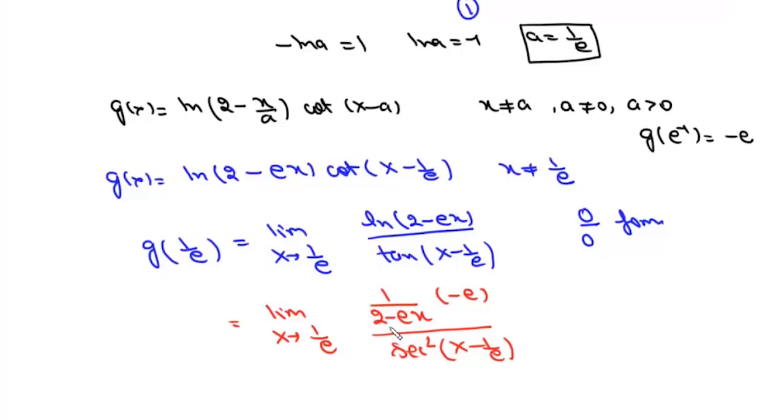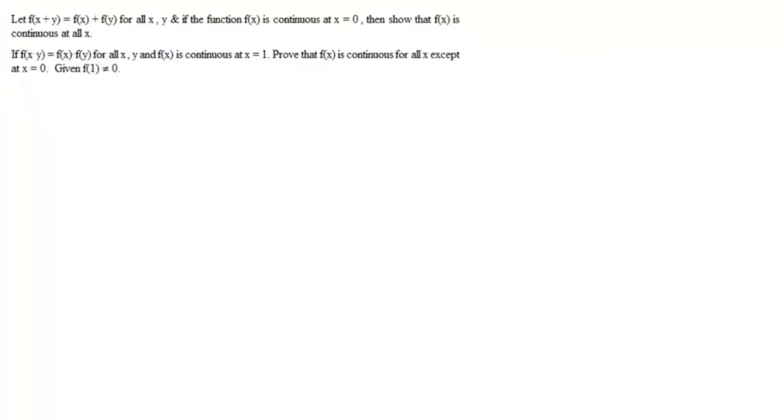Now we put x as 1 upon e, 2 minus 1 will be 1, so it will be minus e, and here secant² 0 is 1. So from here we can say the value of g(1/e) is minus e, which is what we need to prove in this question.